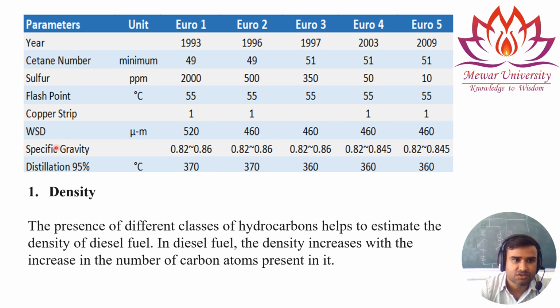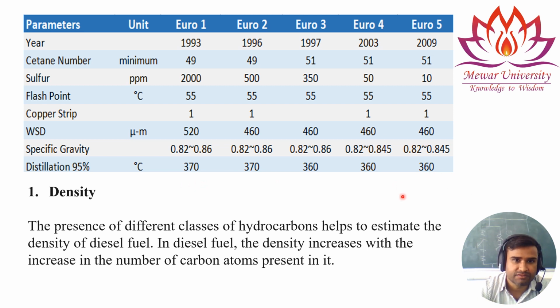The water solid distillates were initially around 520 and now it is 460. In specific gravity we have 0.82 to 0.86 in Euro 1, and in Euro 5 we have 0.82 to 0.845. Similarly, distillation in degrees centigrade was initially 370, now it is 360.